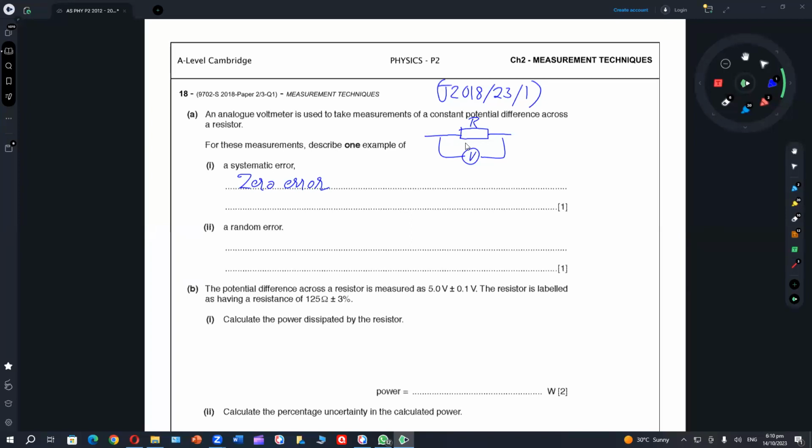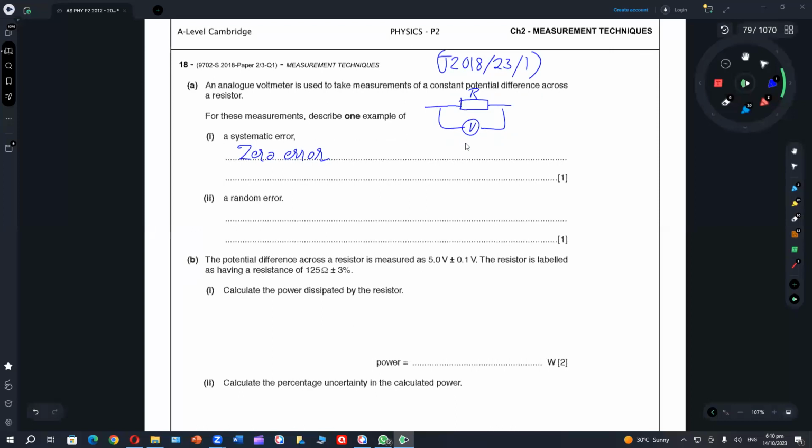Now, in a meter, this is an analog meter, or you can say that if you are reading the scale wrongly, the most famous error here is parallax error.